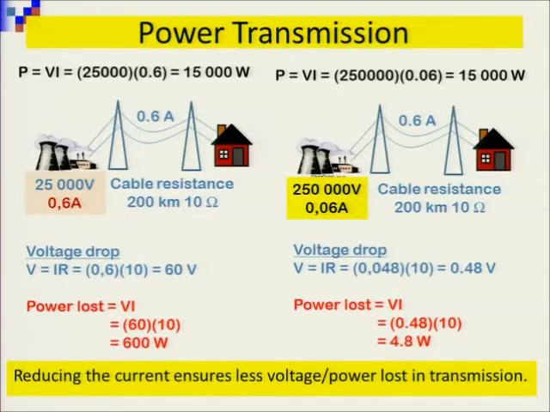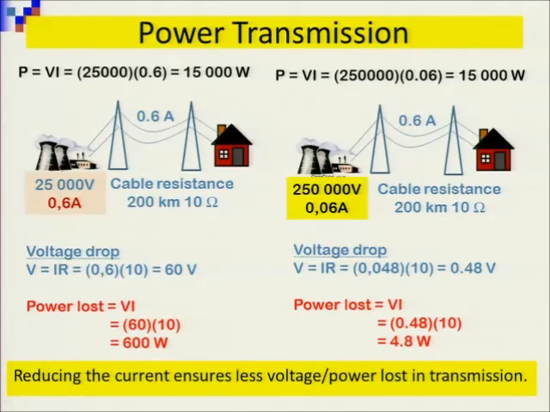Now this is what happens at our power stations. Here's my power station. On the left-hand side, you can see all the smoke there. So what is happening at my power station? They generate the current, and if they transport the current at 25,000 volts, we are going to lose approximately 6,000 watts of power.